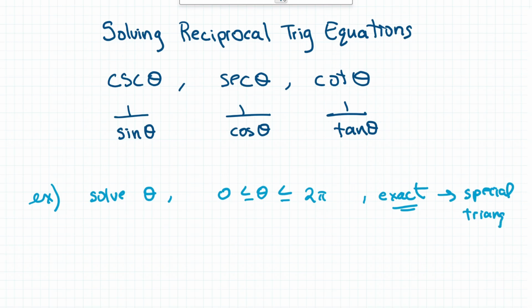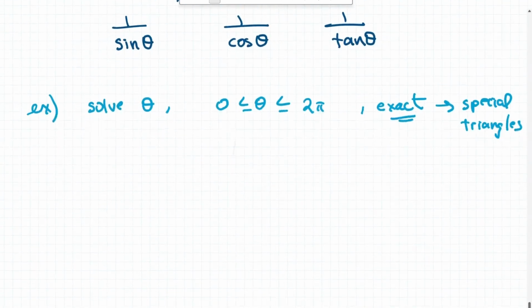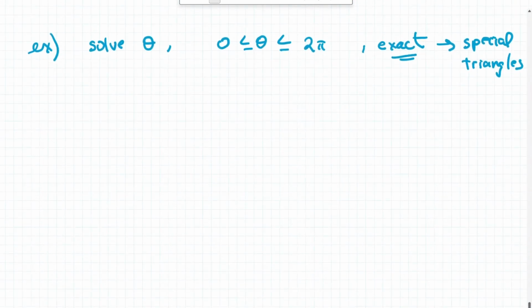Because special triangles are a secret weapon to help us give exact answers. Okay, so let's start with this. We've set up the problem, and the specific question says that we have cosecant theta equals negative root 2, and we want to solve for our theta.